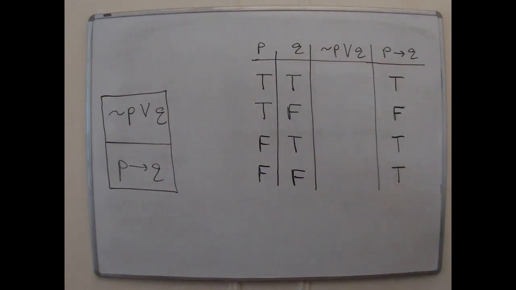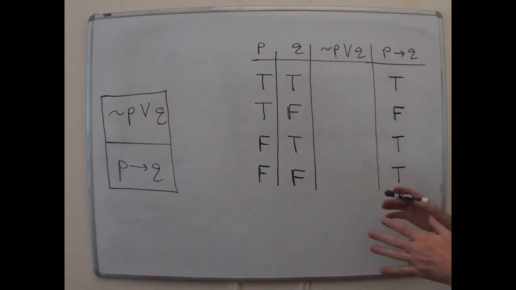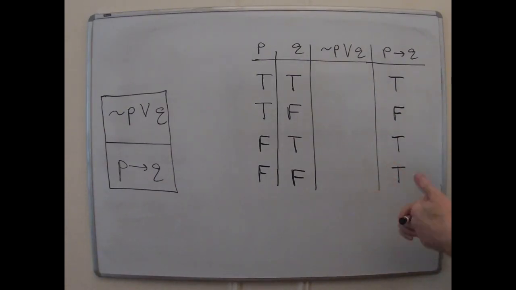Well, how about this negation of P ORed with Q? Remember that an OR sentence is true when either of the things on either side of it is true, or heck, both of them can be true. So when is this OR sentence going to be true? I harped on this last time, so let's turn our way of thinking around.